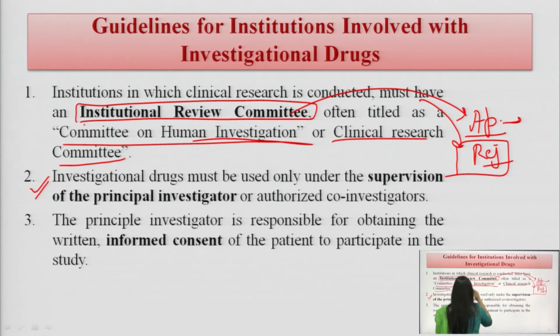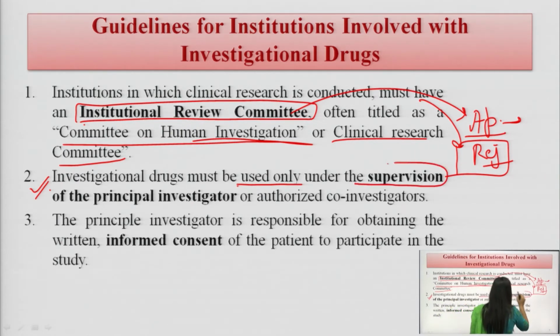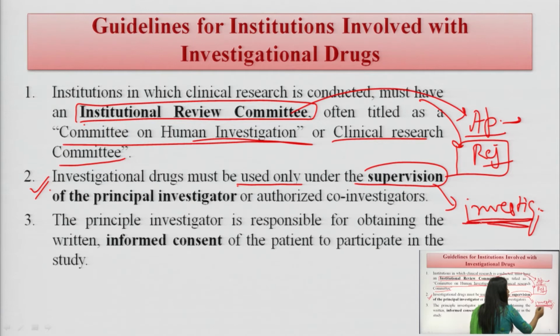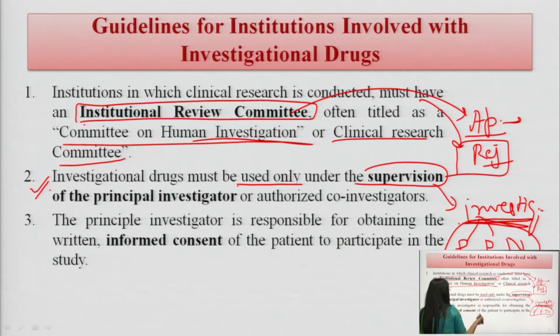Point number 1, we have discussed: there should be a committee. Another is that the investigational drug must be used only under the supervision of investigators. Whatever study is performed is done by qualified investigators, and investigators could be physicians, pharmacists, nurses, or a team of all of them.